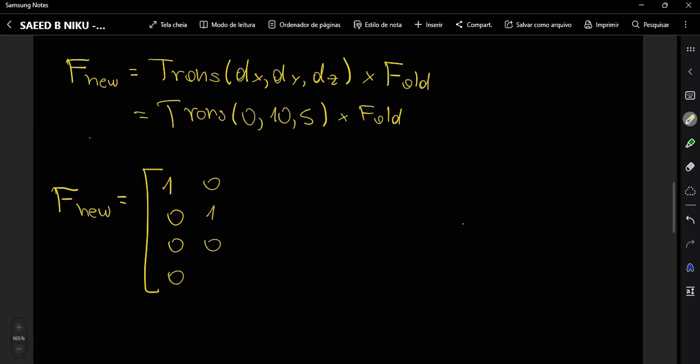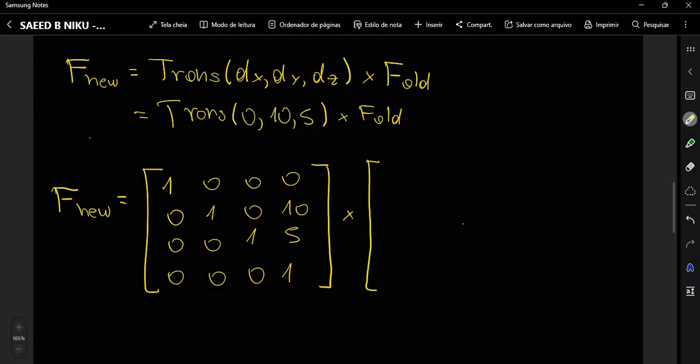At this point, you know that when a rigid body or a vector, which are referentials, don't make any rotation movement, and only do a translation, the matrix that represents this referential is going to look like this. Now we multiply this movement of translation by the initial position of the referential.